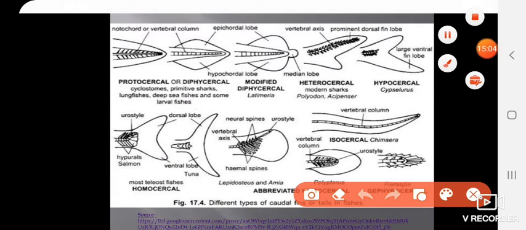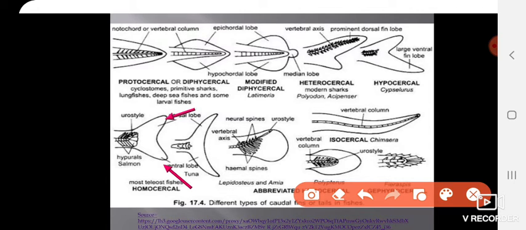So in a homocercal tail, we can say the tail is externally more or less symmetrical. Internally it is asymmetrical, but externally more or less symmetrical.